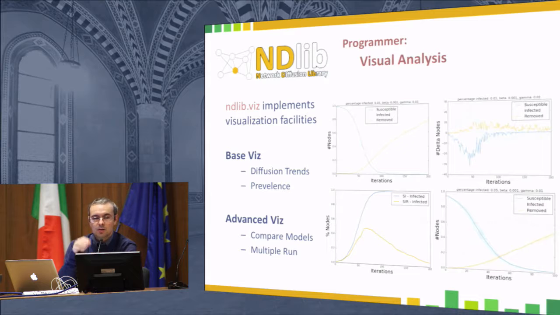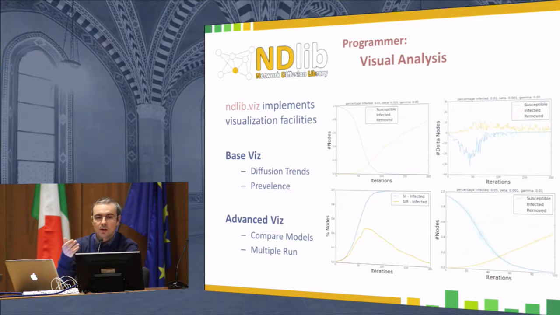After the execution, once you have collected the iterations, with a few lines of code you can also visualize the results, as I said before. In particular, our library offers two kinds of visualization. The first are simple visualizations that are bound to a single model. So for each iteration of the model, you have the adoption trend, diffusion trend, prevalence trend.